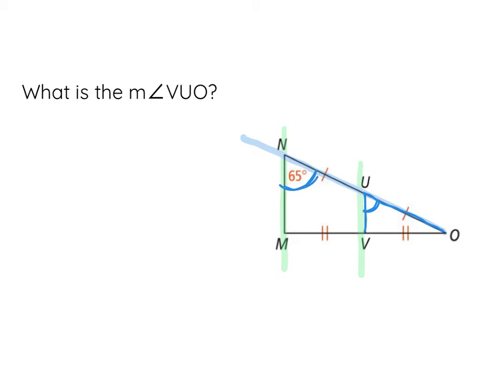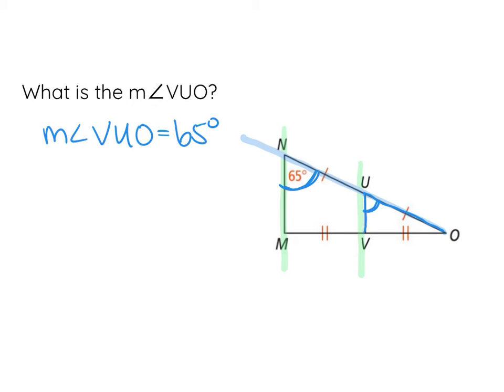So this 65 is going to be congruent to angle VUO because those are corresponding angles. This is just showing you that the things that we learned in previous units aren't going away. We will see them continuously. So since this is 65, the measure of angle VUO has to be 65 degrees as well.